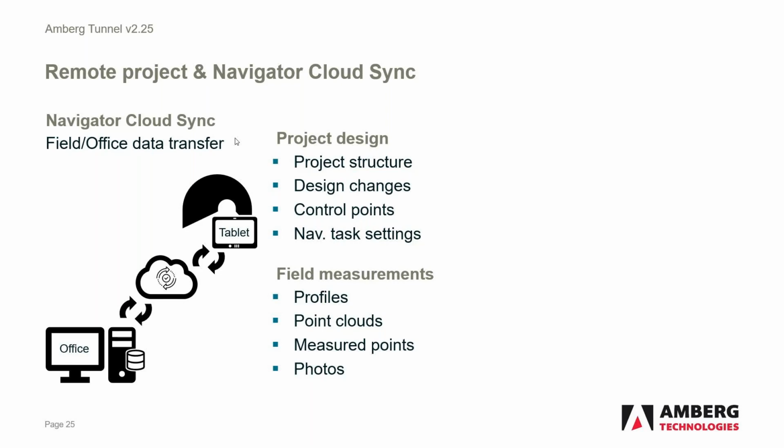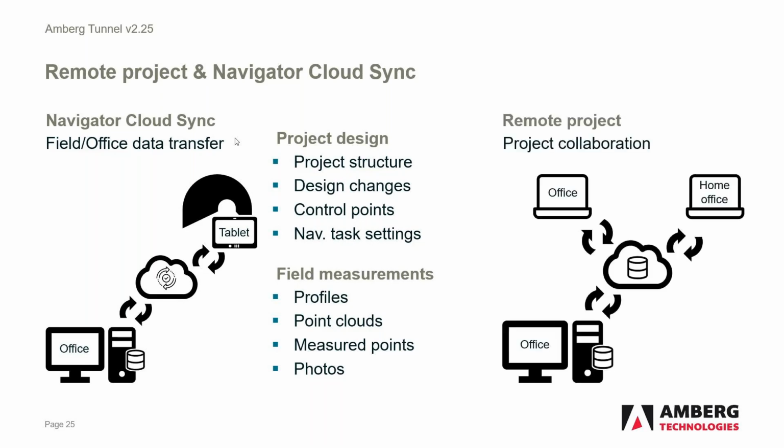We have a documentation task that's part of our all tasks bundle for taking photos, measuring, heading stationing, taking notes, and so on. And there are storage locations for each of these data types in the project. So that's Cloud Sync, a data transfer mechanism, whereas Remote Project is for project collaboration.